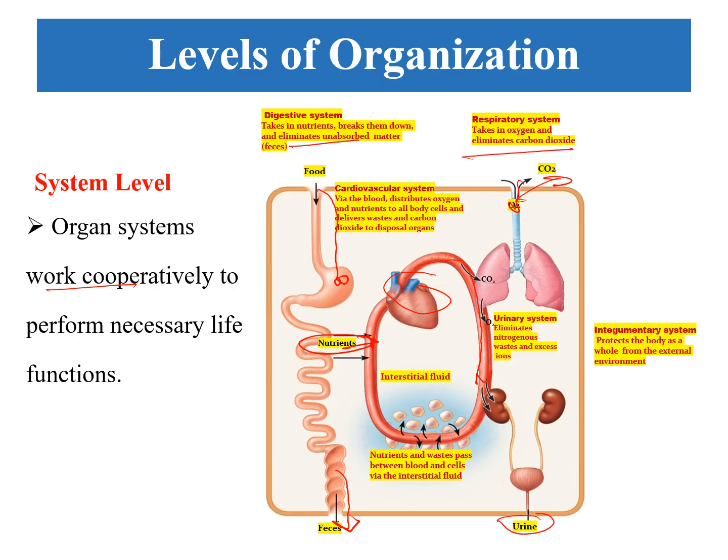Then the integumentary system, which is the skin, the sweat glands, the nails, and so on, is there to protect the body from the external environment. So in this way, you can see how systems work together to perform those functions that are necessary for survival as well as to maintain homeostasis. As we're going to see in the next part of the video, we're going to talk about homeostasis and feedback systems. So stay tuned and look out for that video.